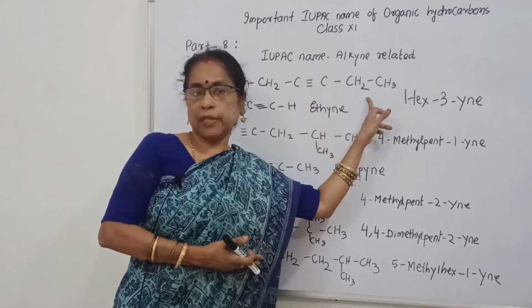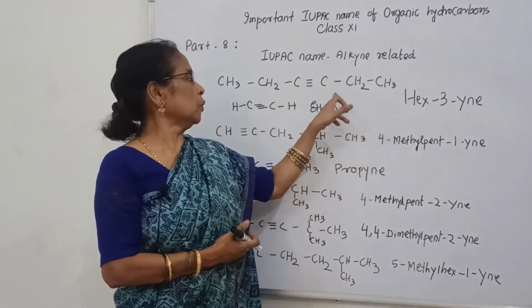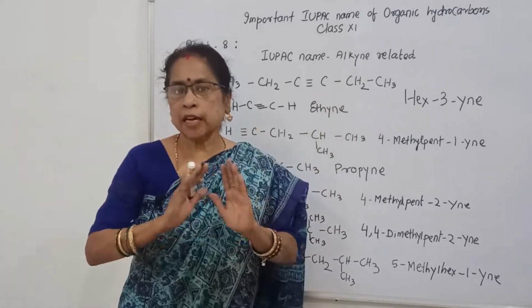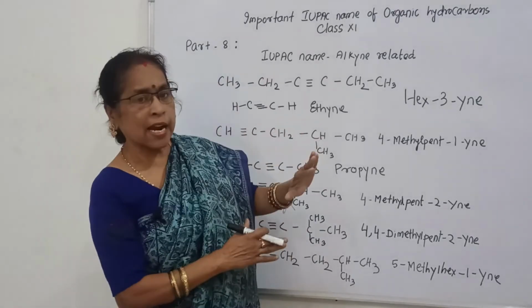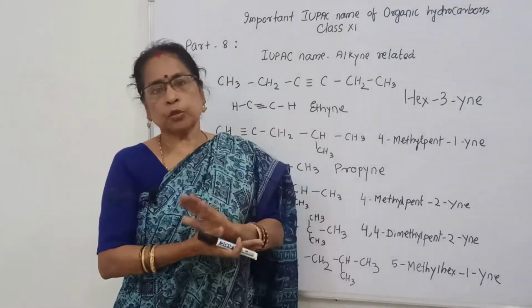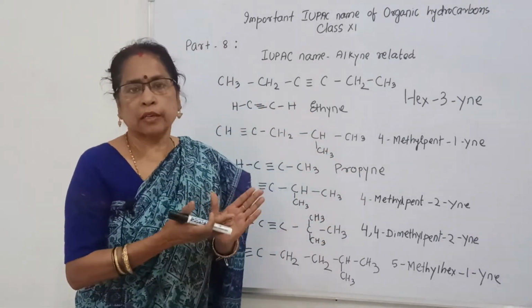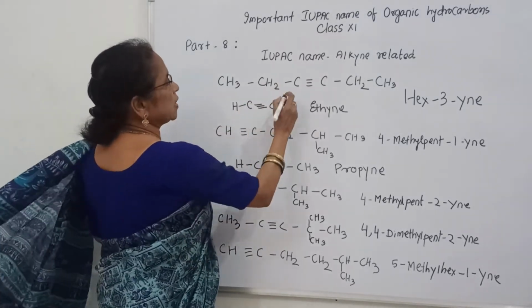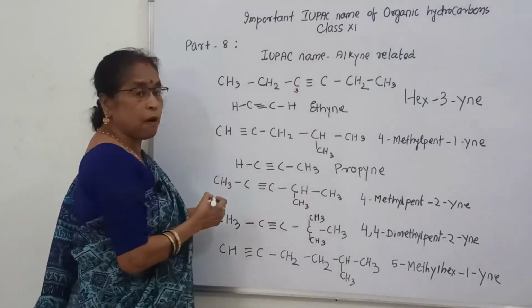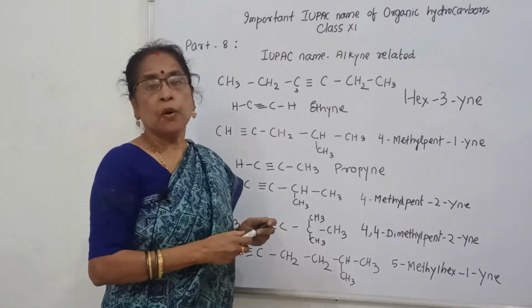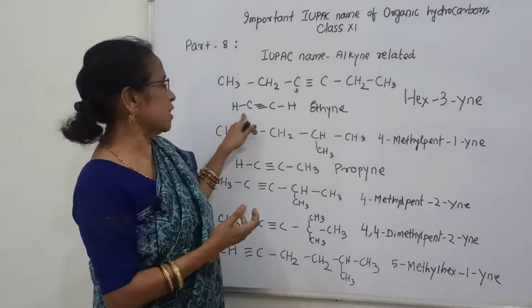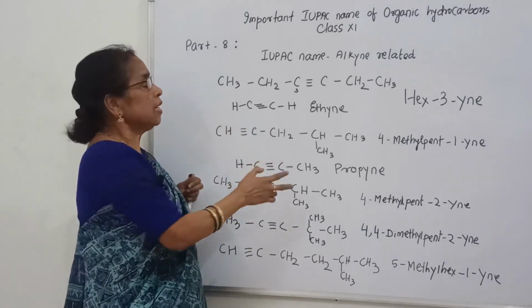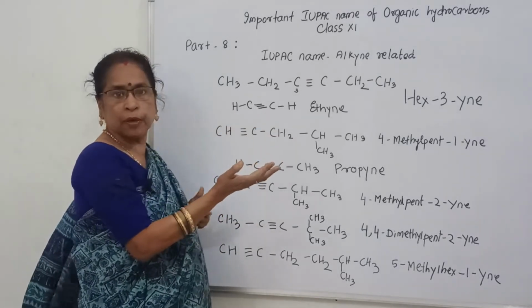If you count from the other side, 1, 2, 3, after 3 there is a triple bond. That means you can count from either side, left or right, both are correct. Now 1, 2, 3, after 3 there is a triple bond, so it is ethyne. Very simple, it has 2 carbons, that is ethyne, having a triple bond.